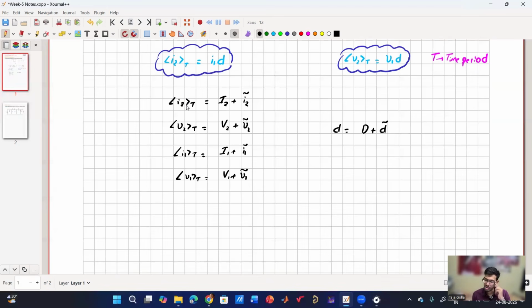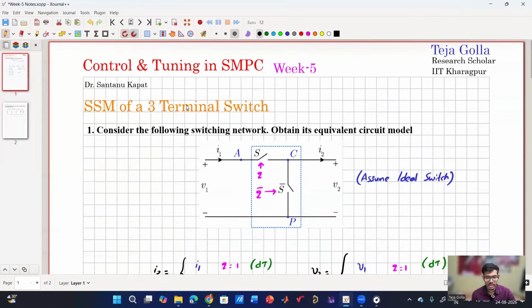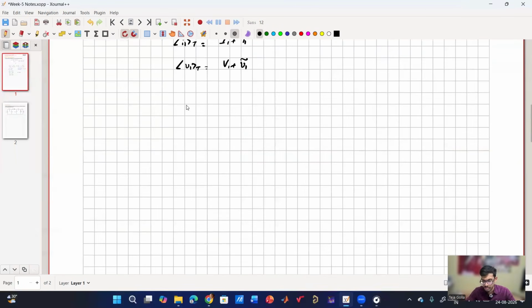Okay. So both are actually giving us, the final objective is to get either the DC value or the small signal model. So let me start explaining it a little bit briefly. So circuit averaging.